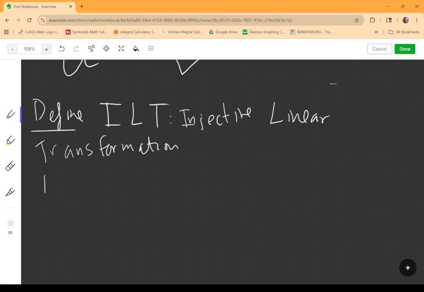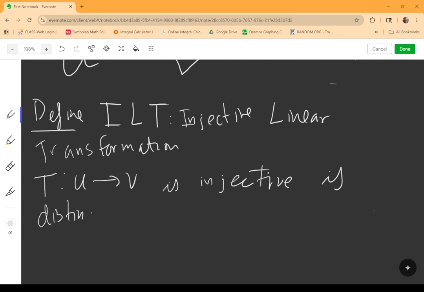The definition is as follows. We have a transformation from vector space u to vector space v, and we say it is injective if distinct inputs always produce distinct outputs.